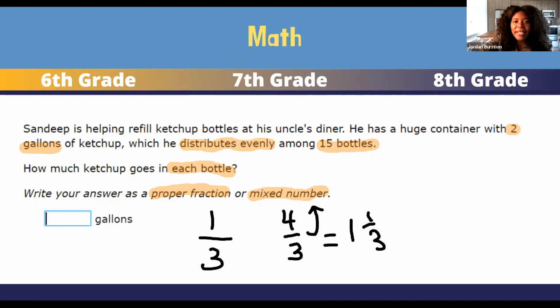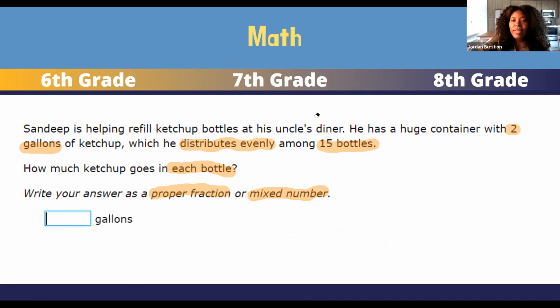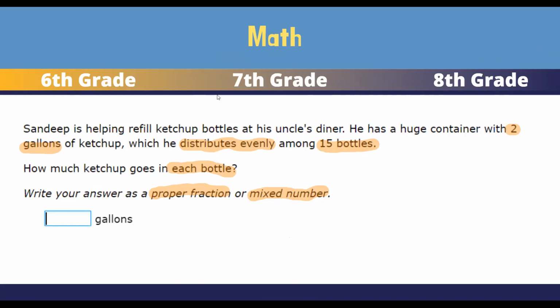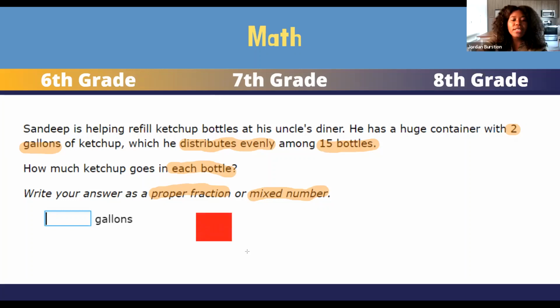So let me clear off my drawings, or part of them, for just a moment. Okay. So they told us we have a huge container. Let me draw it real quick. I'm going to draw this container right here, and I'm going to label it 2 gallons just to remember how much is in there.